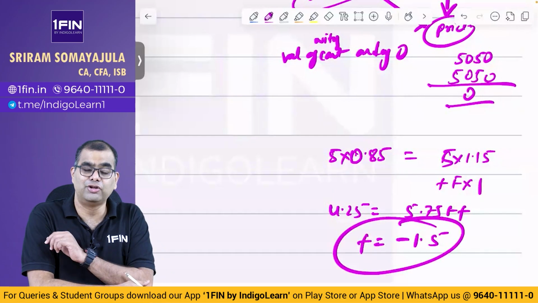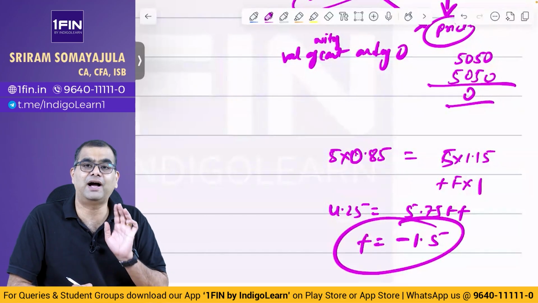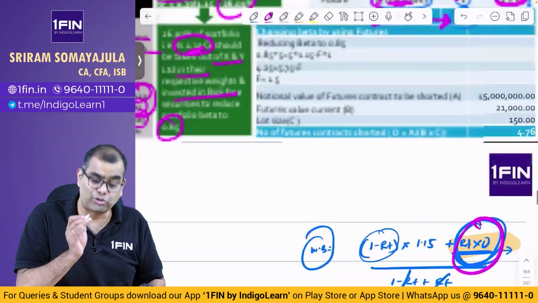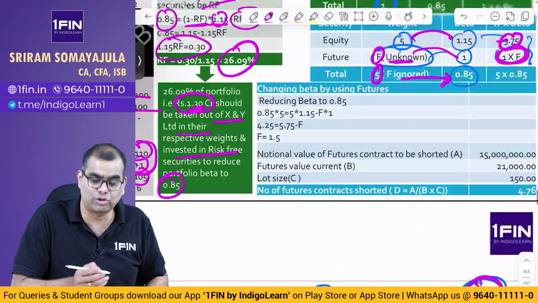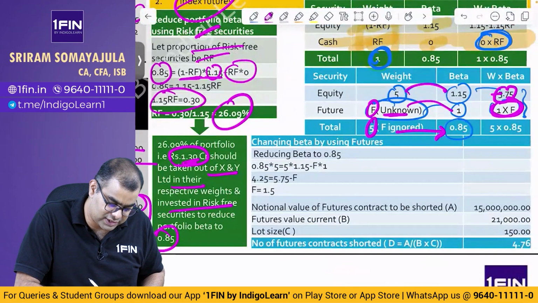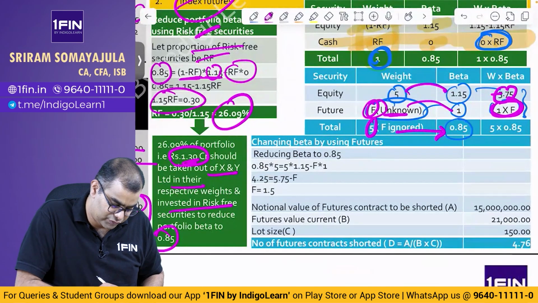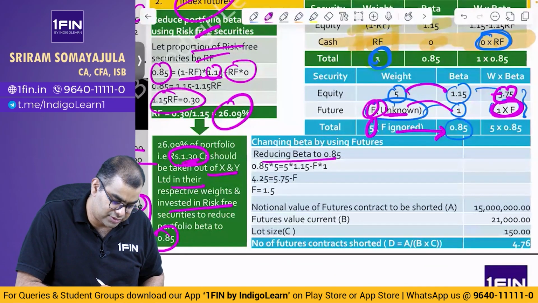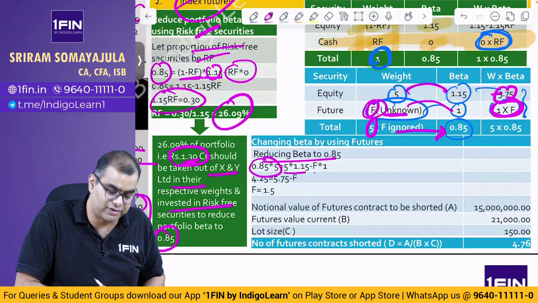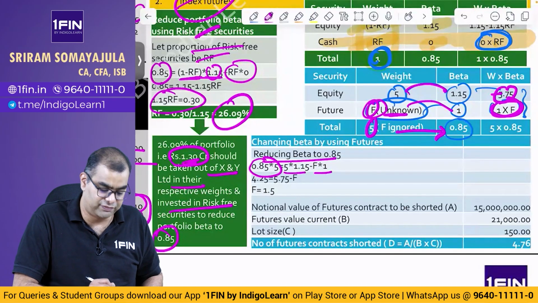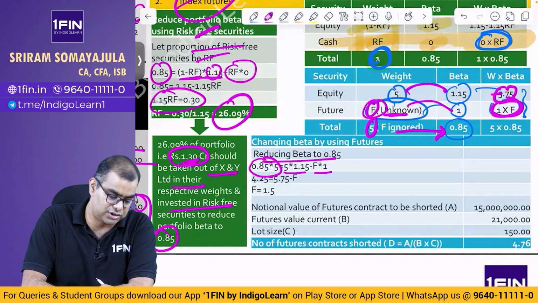So you will short 1.5 Nifty contracts, or 1.5 crores worth of Nifty contracts. 5 is 5 crores. So if you solve for this, you will get the F value as 1.5. Reducing beta to 0.85: 0.85 into 5 is equal to 5 into 1.15 minus F into 1. Solve, and F is 1.5.